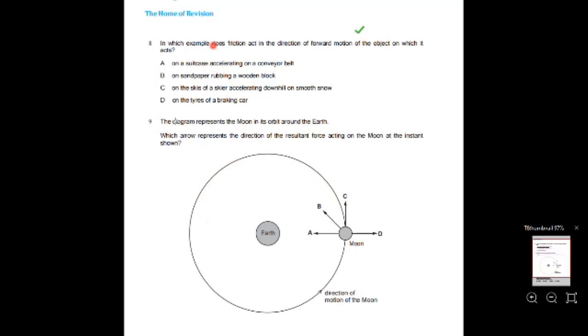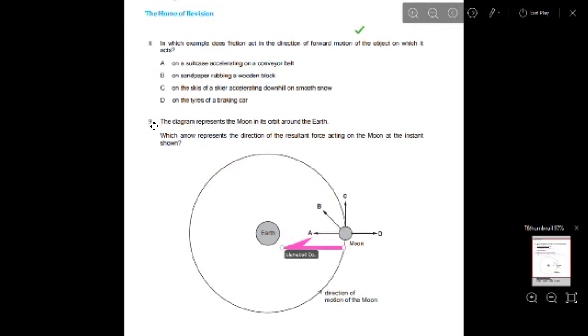So I think the resultant force would be like this. Centripetal force is always acting towards the center. So I think this is the correct option.